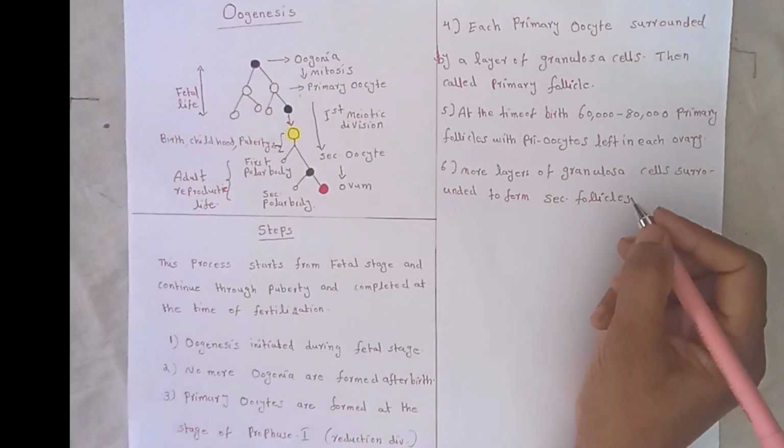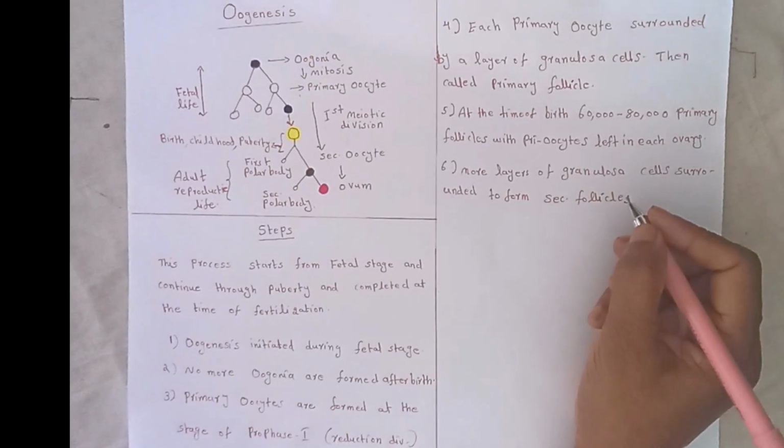More layers of granulosa cells are formed and surrounded, and this theca is called secondary follicles.